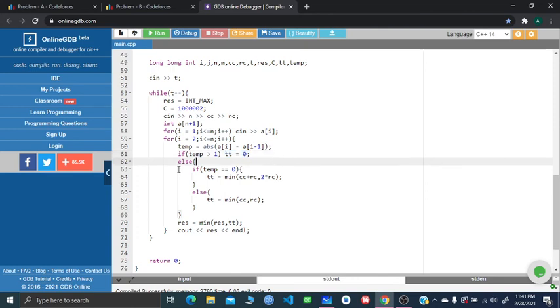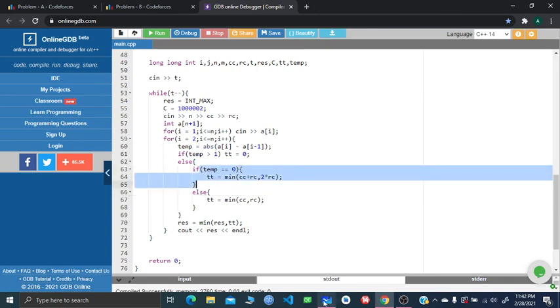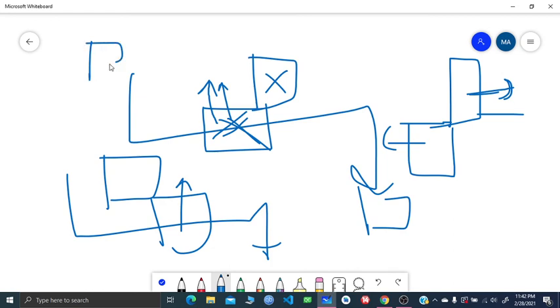We know that. I'm comparing each and every consecutive pair for the sake of safety. Then if it's less than or equal to 1, the first case is if temp is equal to 0. This refers to when the two blockages are shaped something like this.